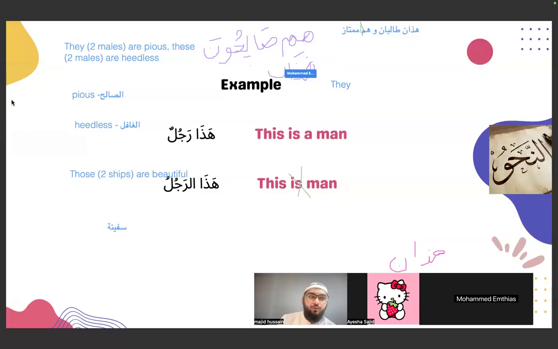And this is your task. The word for ship is safina, and the word for beautiful is jamila.